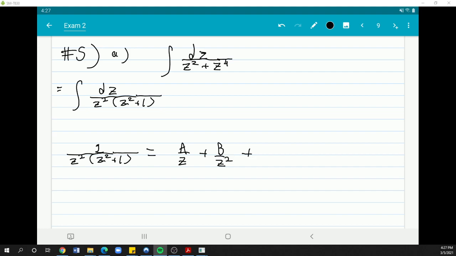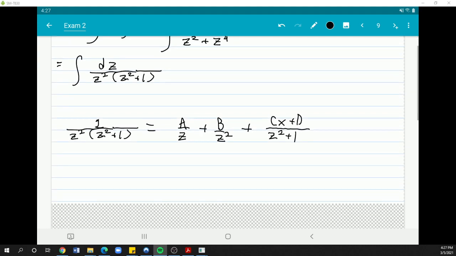I can't factor it, so I can't turn it into linear terms. So what the partial fraction strategy says is this is cz plus d over z squared plus 1. And now we have to solve this for a, b, c, and d.